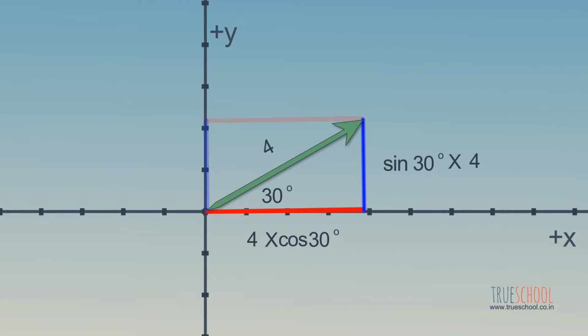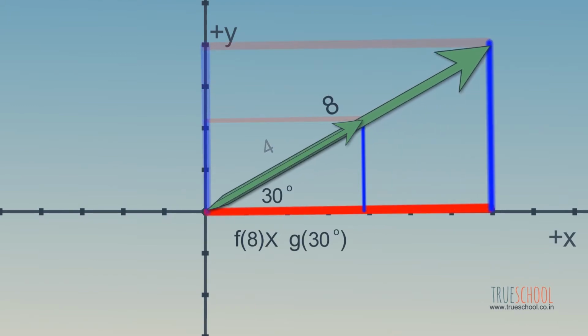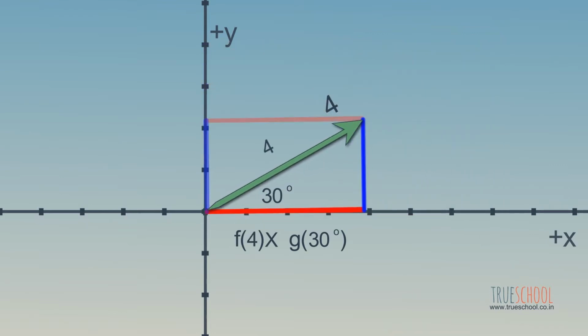How does this work? Let's assume the x component is a function of the length of the vector and the angle. If we zoom in on a vector, all its length and components increase proportionally, but the angle remains the same. This clearly shows that the components are directly related to the length of the vector, keeping the angle constant.